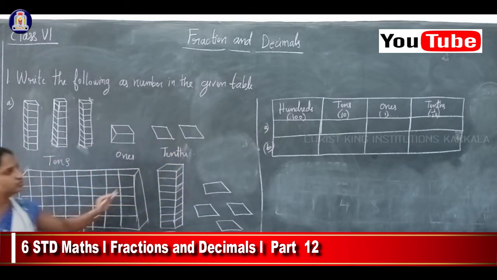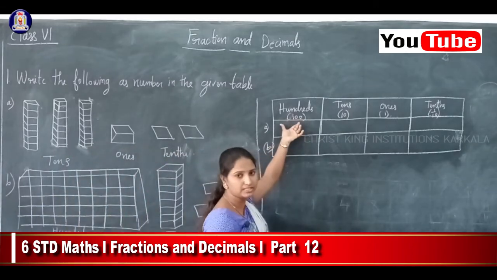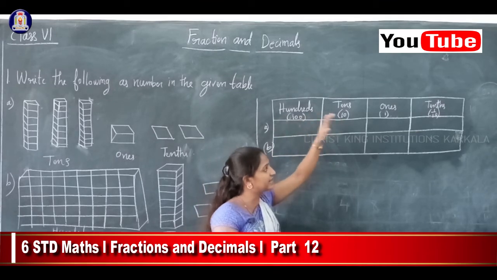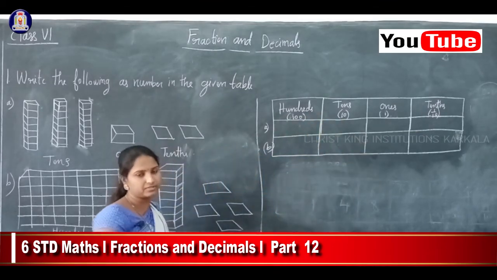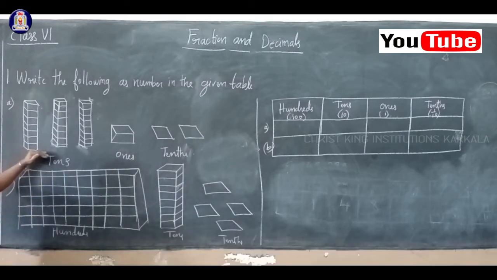So now you have to fill the columns. Here the table is given. The first column is hundreds, tens, ones, and last is the tenths place, meaning 1 by 10.